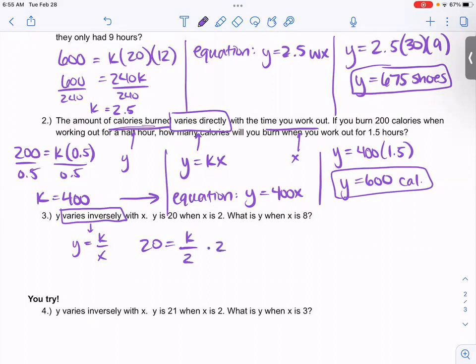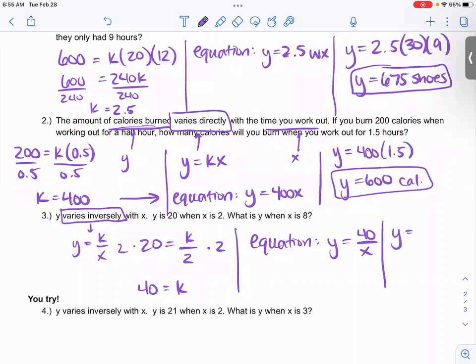I'm going to solve this times 2 on both sides. We get 40 equals k. This makes us get our equation. Y equals 40 over x. And then what is y when x is 8? So y equals 40 over 8. So we get y equals 5.